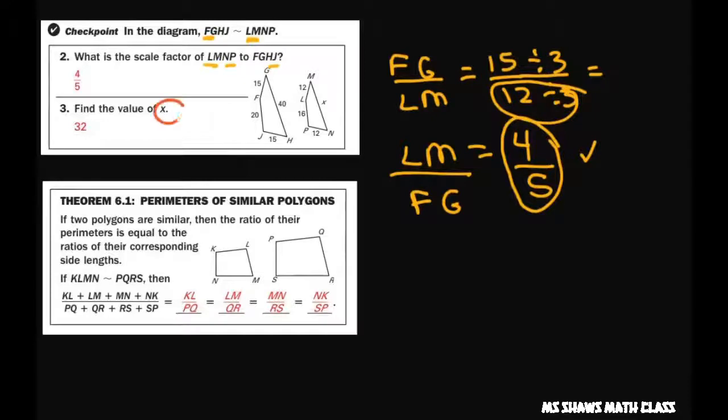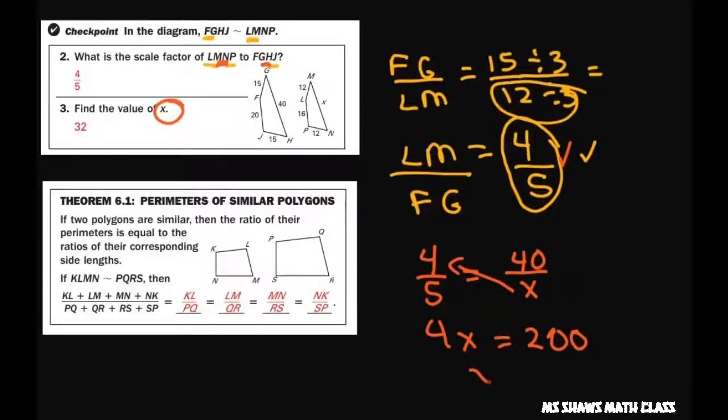Now find the value of X. Well, we know the scale factor is 4 to 5. So to find this, we're just going to do 4/5 equals, and we're going to do GH with MN. So GH is 40 and LM is X. So when you cross multiply, you get 4X equals 200. 5 times 40 is 200.